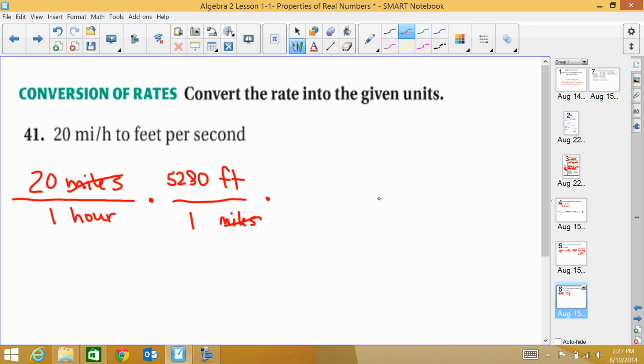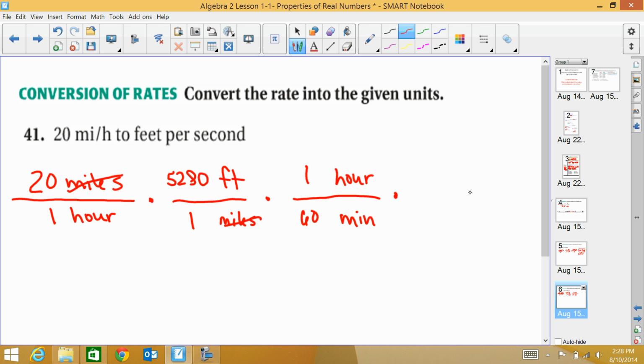You'll get the same answer. So I need to set up my chart and decide where the hours are going to go. And they have to go on top because they need to cancel out. So the minutes are going to go on the bottom. And then I need to ask myself the question, how many minutes in an hour? And the answer is 60 minutes in 1 hour.